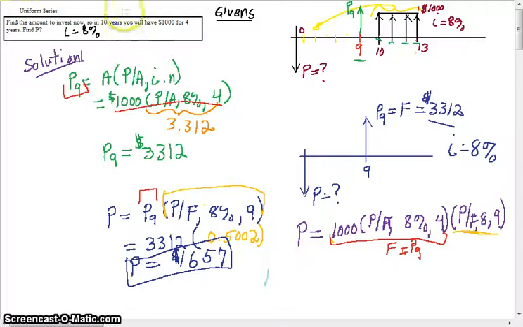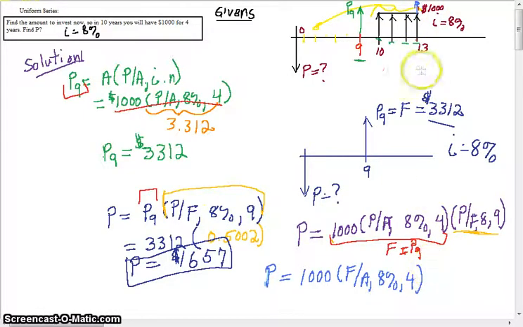So in that case, P equals 1,000 times find F given an A at 8% for 4 years. So I'm moving all that money out to year 13.